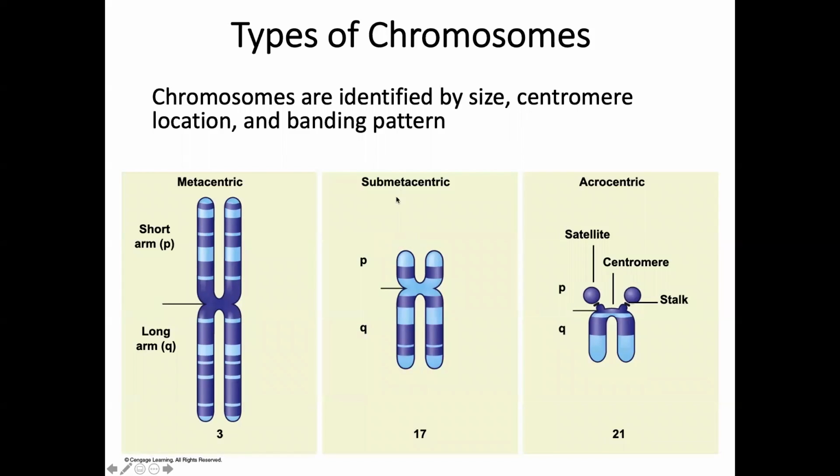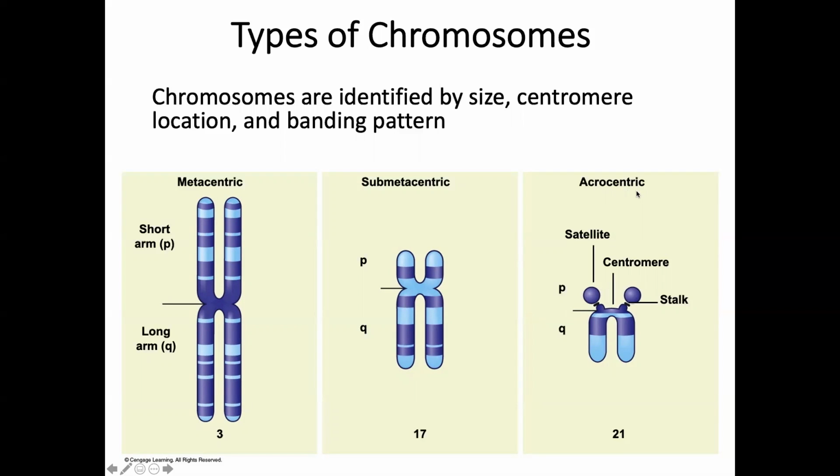In the middle here, chromosome 17 is a sub-metacentric chromosome because the centromere divides the chromosome into two arms of unequal size. On the right, chromosome 21 has a centromere placed very close to one end, and this is called an acrocentric chromosome.